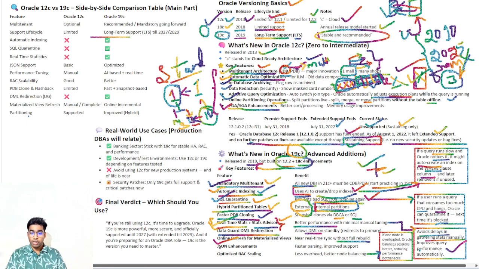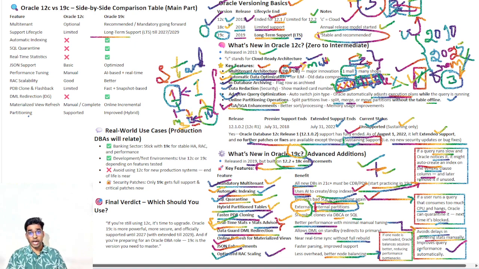Next, JSON enhancements means faster parsing and improved support. Next, optimizer rack scaling means, suppose I have a RAC. Here in 19c we have less overhead and better node balancing. We have better node balancing in the 19c version, that is optimizer rack scaling.